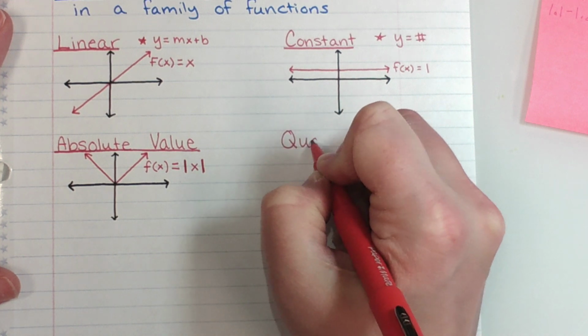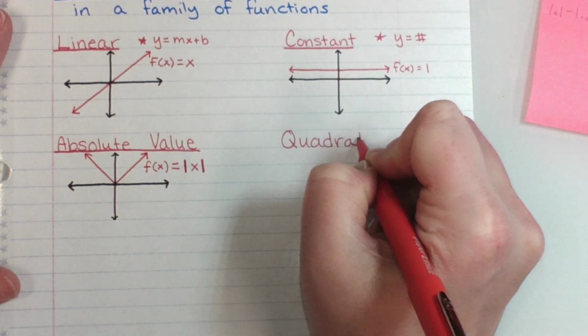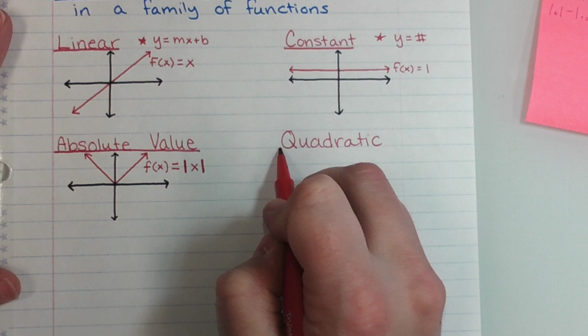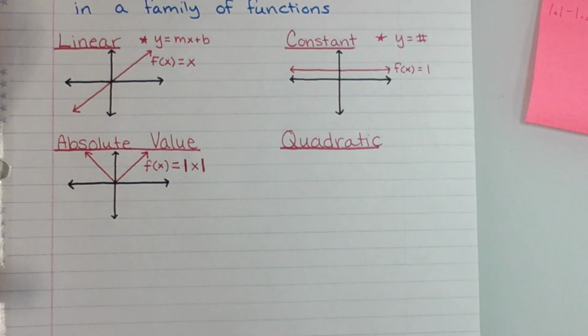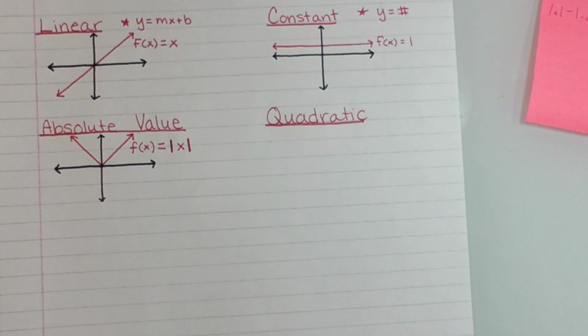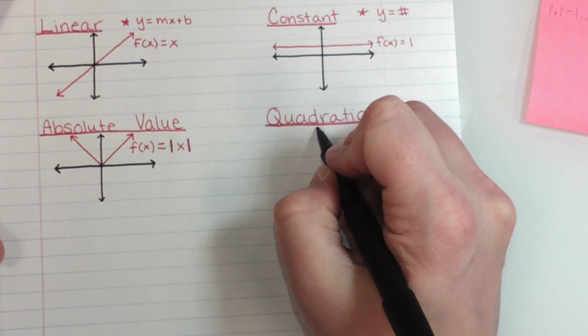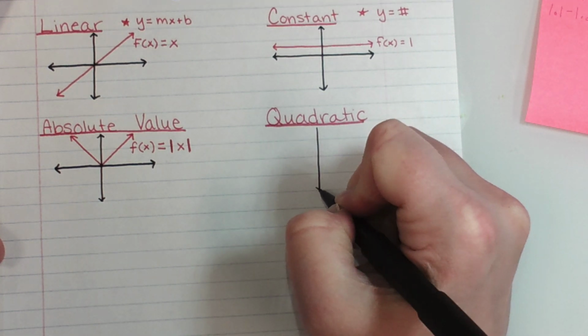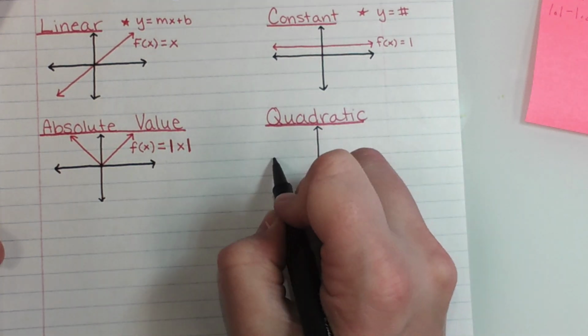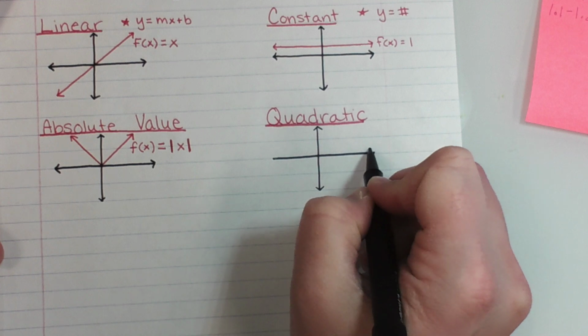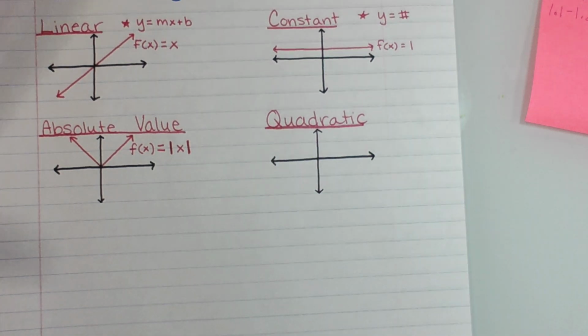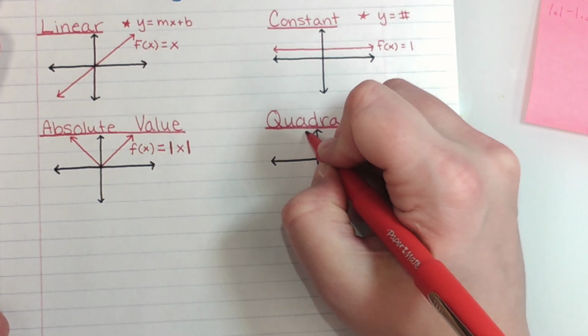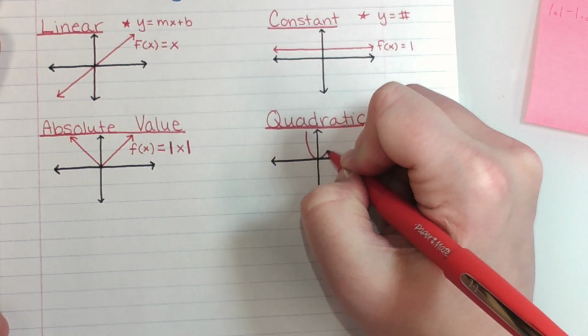Another family you've worked with that we will work with quite a bit in this trimester is the quadratic family. Quadratic family is the graphs that look like U's.